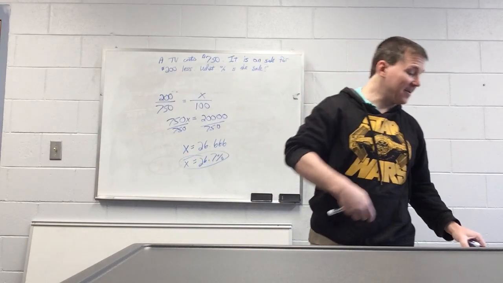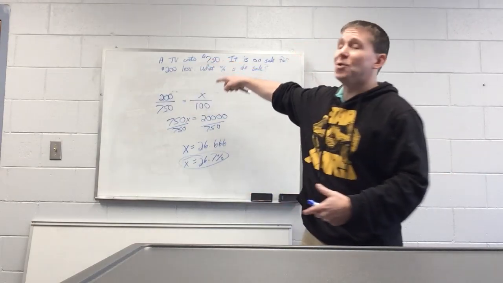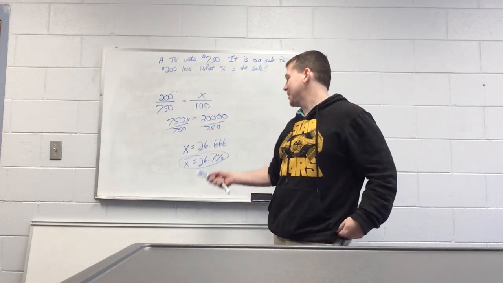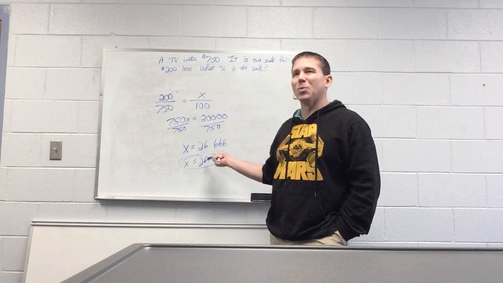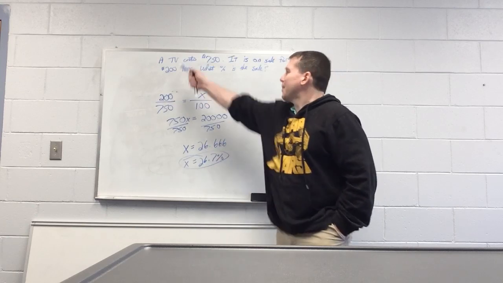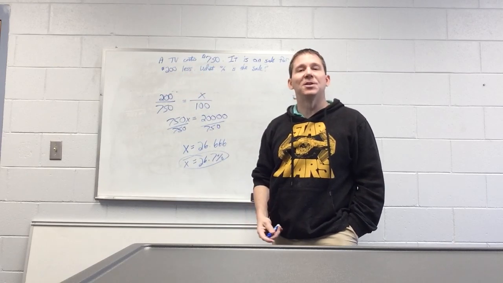And again, from the perspective of I work in a department store, what sounds better? Our TV is $200 off, or our TV is 26.7% off? That sounds a little bit weird. It's not a round number. So it makes more sense to do it that way, which from the store's perspective is what you would do.